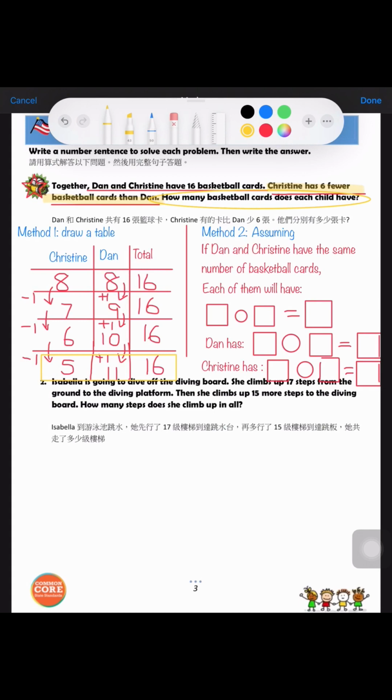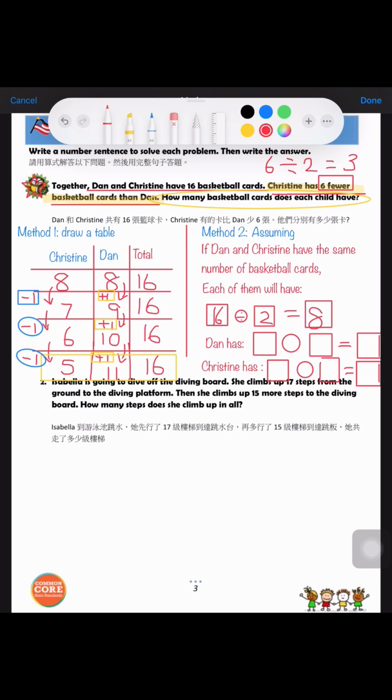We can also use another method to calculate, which is assuming. If Dan and Christine have the same number of cards, then they will have 16 divided by 2, which is 8 cards each. And then, as we know that the difference is 6, then we can divide 6 by 2, equals to 3.